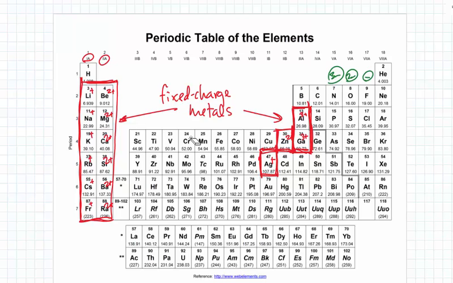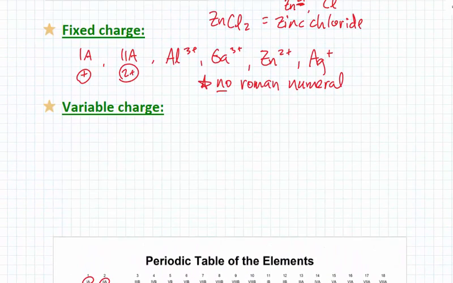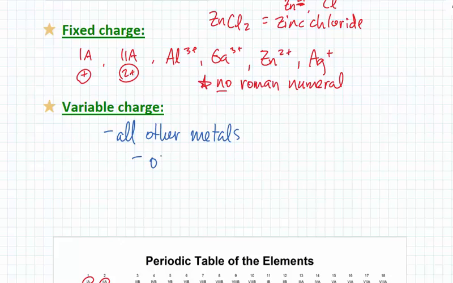So if these are the fixed charge metals, the variable charge metals are all the other metals. So all of the other transition metals, other than the ones that we showed up here, but all the other transition metals and the inner transition metals.